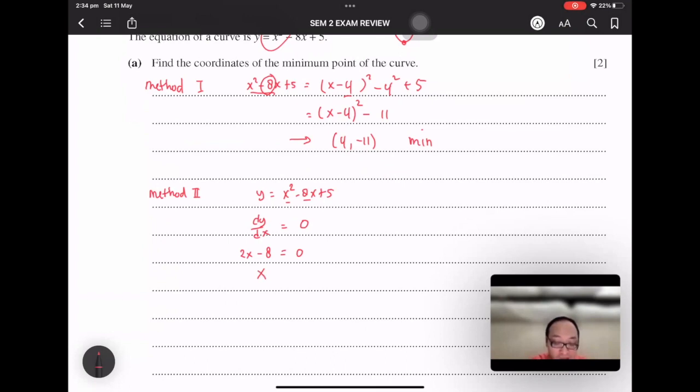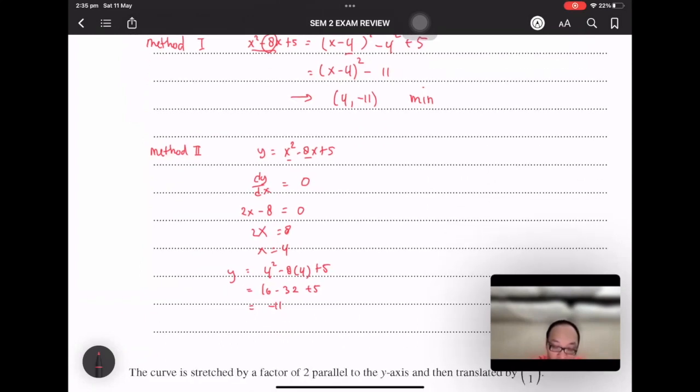So 2x equals 8 and x equals 4. And then we have to put the x value into the equation to get the y coordinate. So it's 4 squared minus 8 times 4 plus 5 equals 16 minus 32 plus 5. Negative 16 plus 5 is negative 11. So the coordinates are (4, negative 11). So the same thing.